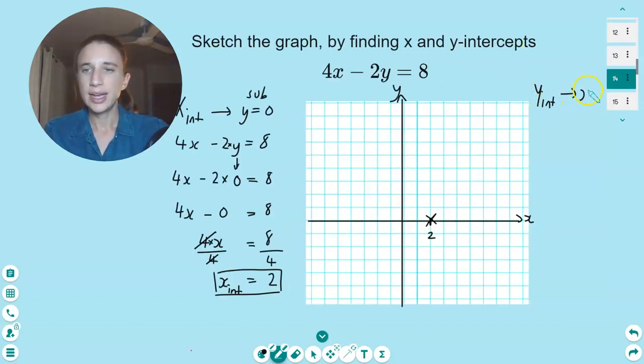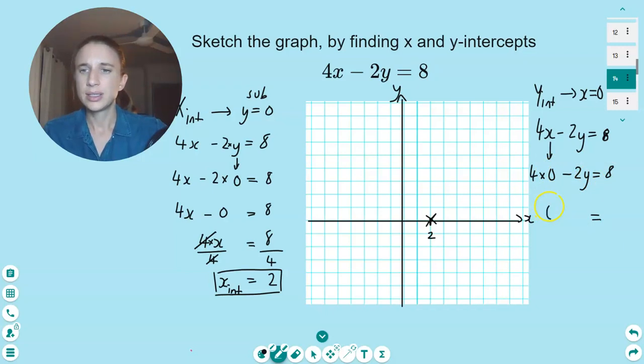Y-intercept, x equals 0. So we are substituting in now. 4x take 2y equals 8. 4 times 0, take 2y equals 8. 0, take 2y equals 8.